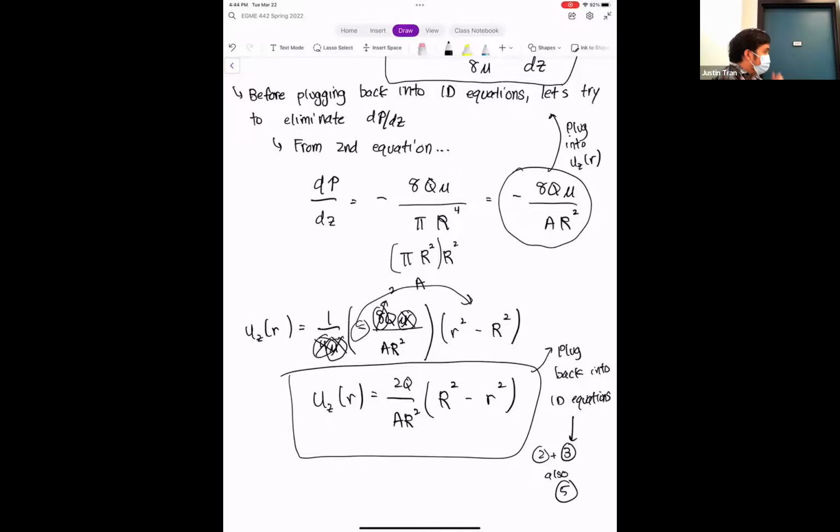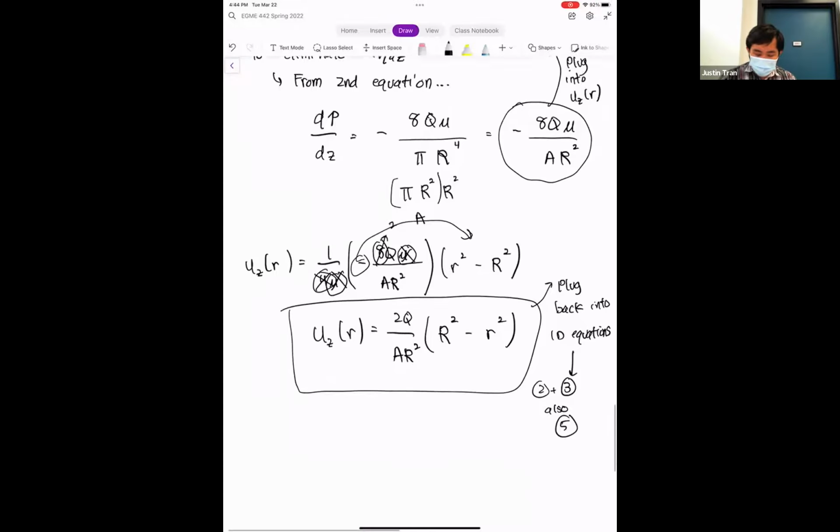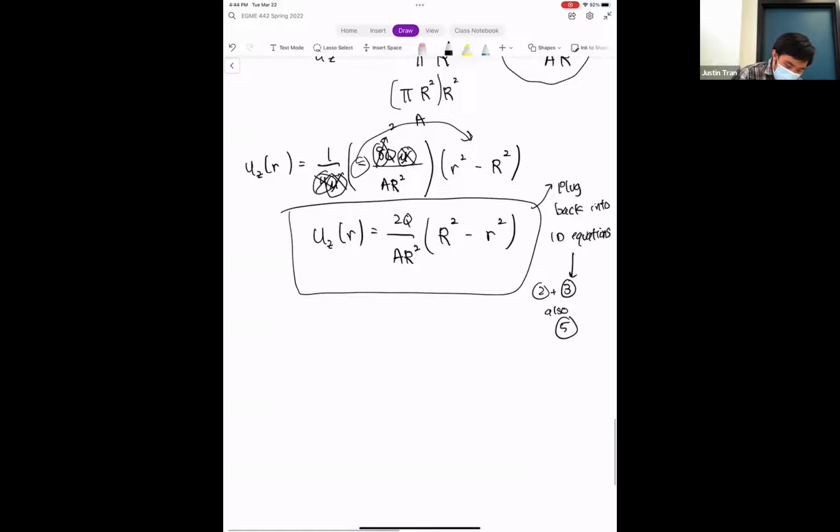Okay. All right, so let's go ahead and plug this back into integrals 2 and 3. Remember, this is our combined integral. That integral was given by 2 pi partial z integral from 0 to big R of uz squared r dr. So let's plug in this expression for uz into here.